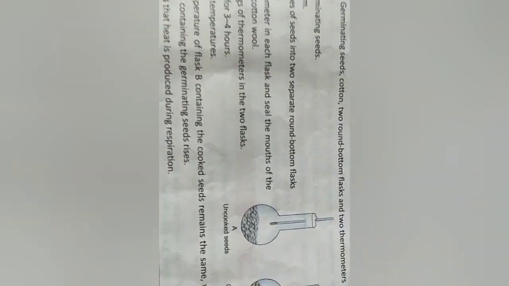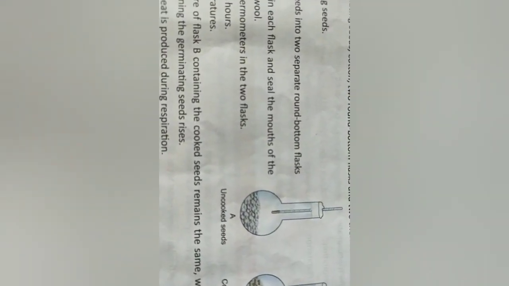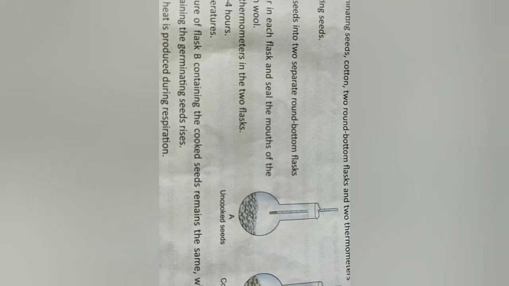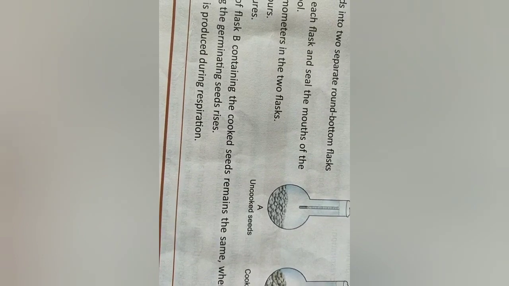If we put a thermometer in the round bottom flasks with the cooked and the uncooked seeds, the temperature in the first one, where the uncooked seed is, will be higher compared to the cooked seed, because the temperature of the cooked seed will remain the same. So that shows the heat is released during respiration.